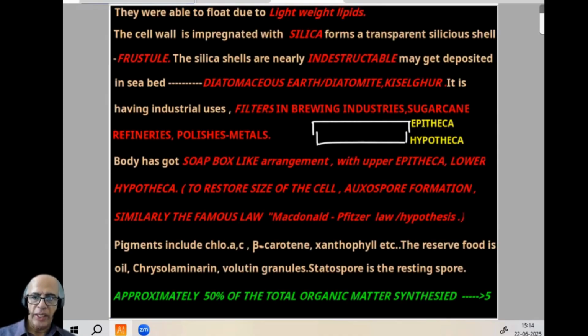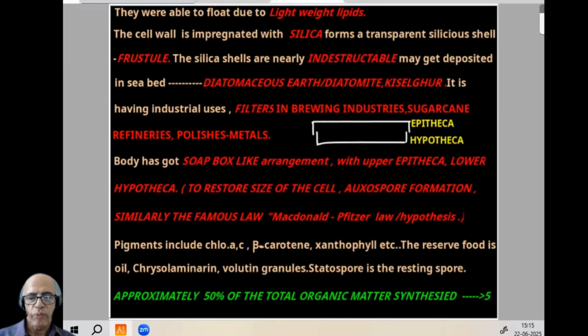Silica shells are nearly indestructible and long-lasting, and may get deposited on seabed, seashore, etc. We can find it, and that is called diatomaceous earth, diatomite or kieselguhr. It has industrial use, like filters in brewing industries, sugarcane refineries, polishes, metals, etc. These are some applications of kieselguhr, diatomaceous earth or diatomite. Famous question: kieselguhr.